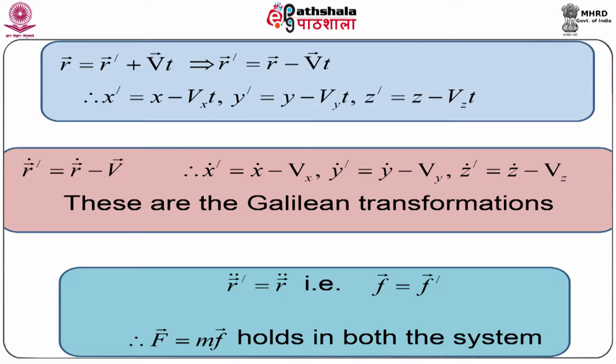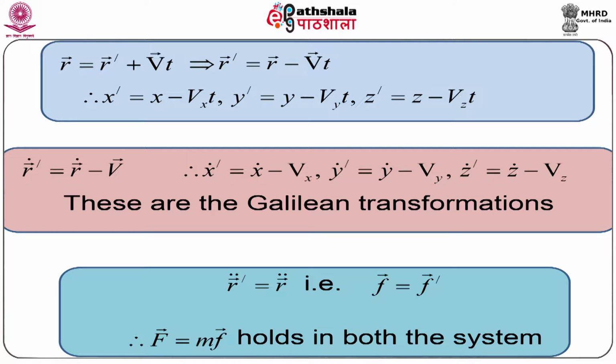Writing in component form, we get x dash equal to x minus capital V suffix x into t, y dash equal to y minus capital V suffix y into t, z dash equal to z minus capital V suffix z into t. x dash, y dash, z dash are the components of r dash vector, while x, y, z are the components of r vector.